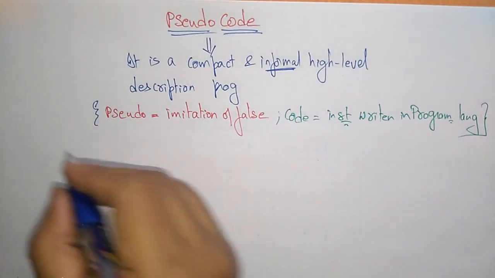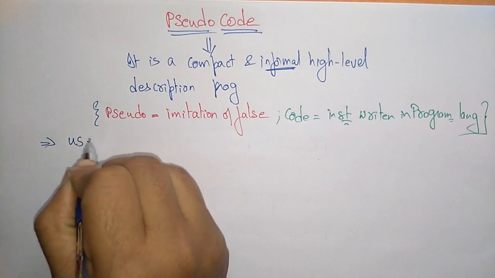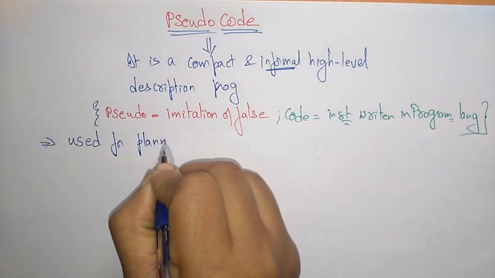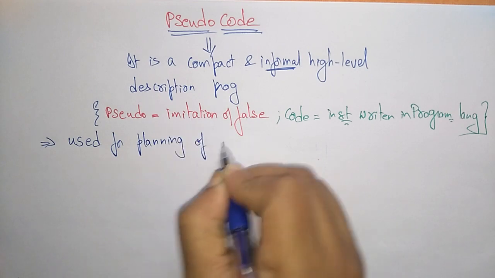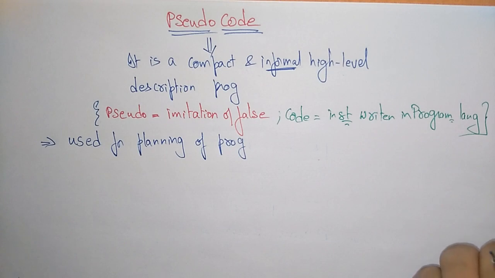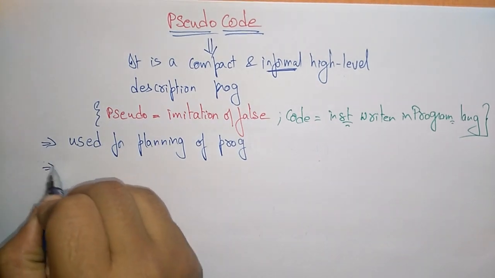Actually this pseudocode is used only for planning of a program. So if you want to write any program, it's better to write it first in pseudocode. It is used for planning of a program.